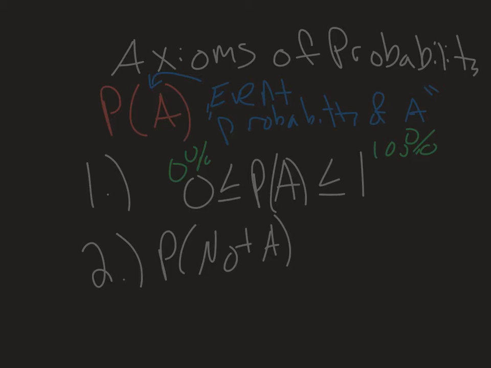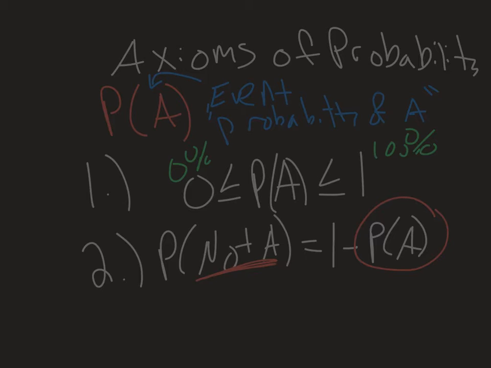So the probability that A doesn't happen is going to be equal to 1 minus the probability of A. Which again, it would make sense, because all I'm saying here is that if anything but A happens, I have met with, let's call it success. So if I figure out what the probability of A happening is, and I take it away from all possible possibilities, which would be 100%, then that would tell me the probability that I don't achieve A.